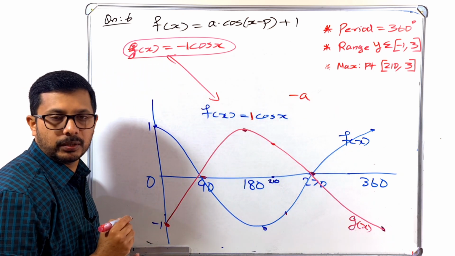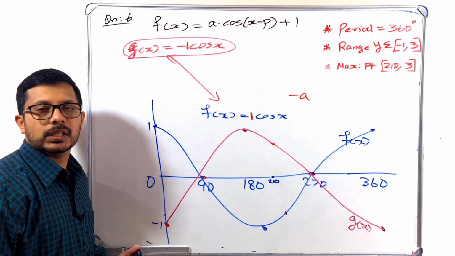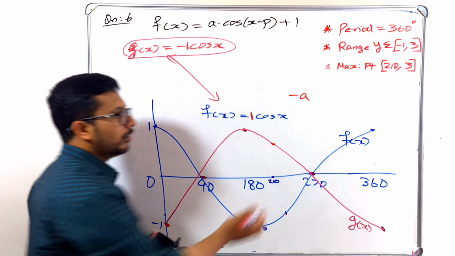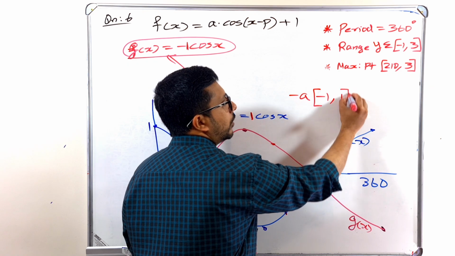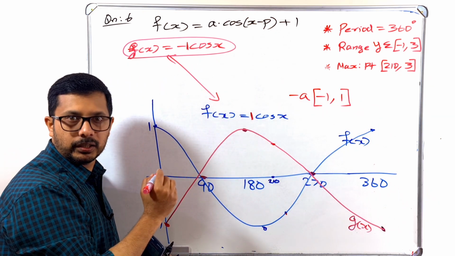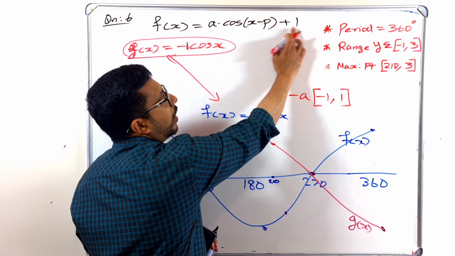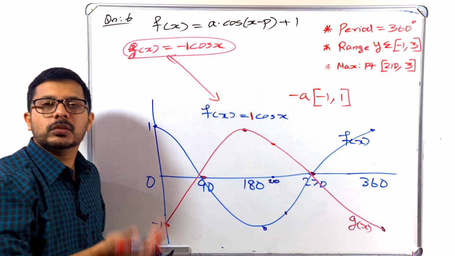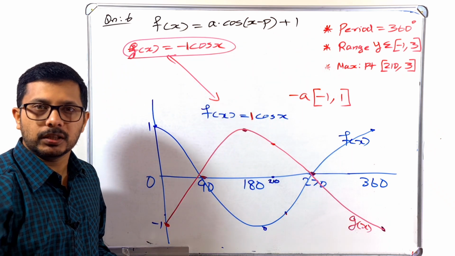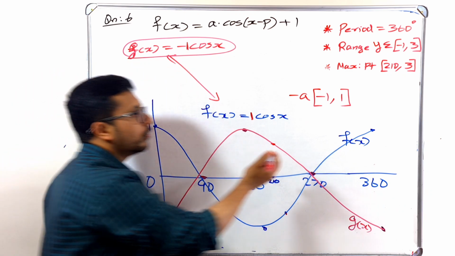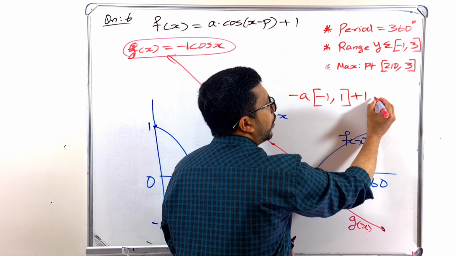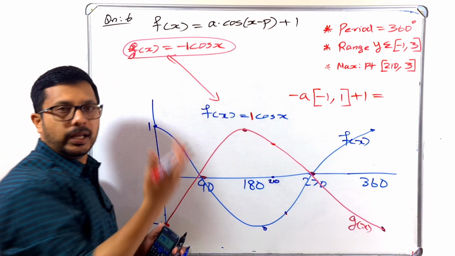You understand? Okay, now for a normal cos x graph, what is the range? We know that for a normal cos x graph, the range is -1 to 1. Now, here you can see another plus 1. What is the meaning of that plus 1? The graph is shifted 1 unit upwards.